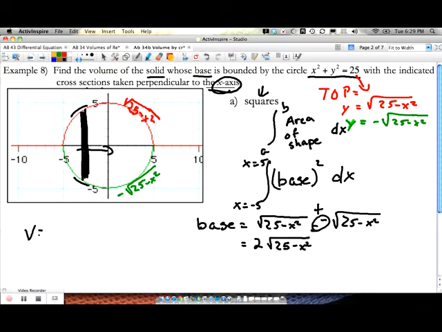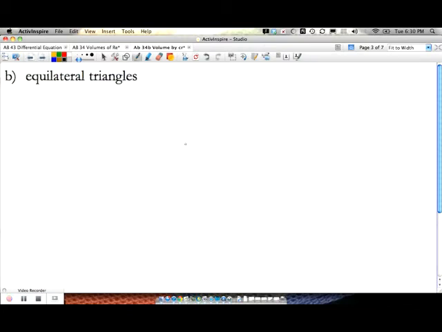So the volume is equal to the integral from -5 to 5 of 2 times the radical 25 minus x squared, all squared, because it's my base squared. Why is it squared? Because it's a square, and I know that the area of a square is just the base times the base.